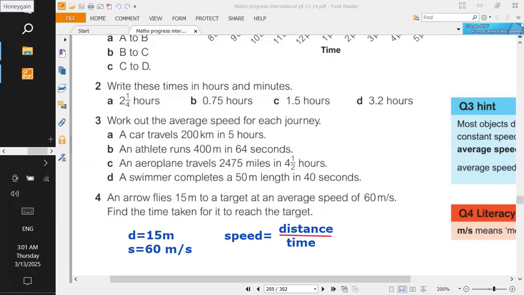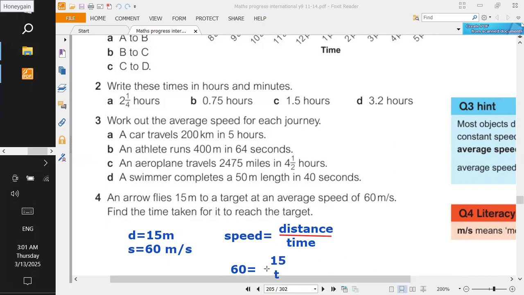The distance is 15 and the speed is 60. So I'm going to say 60 will equal the distance, which is 15, over the time, let's call it t.